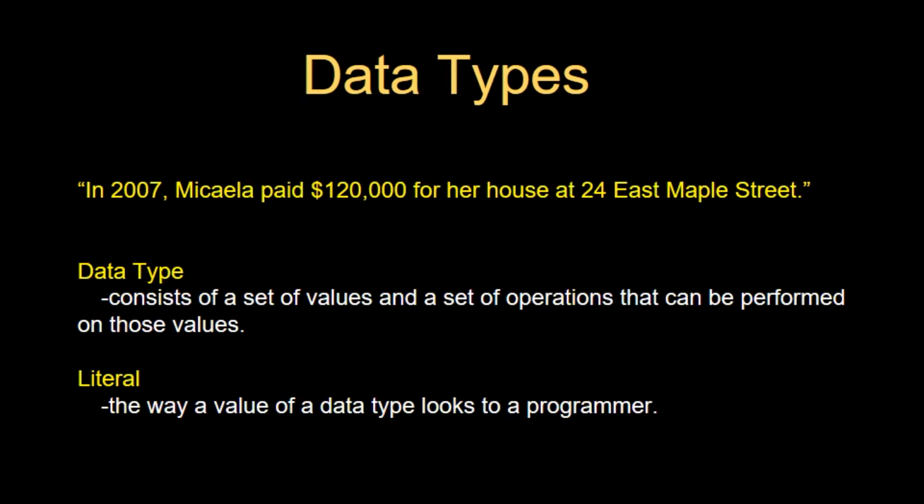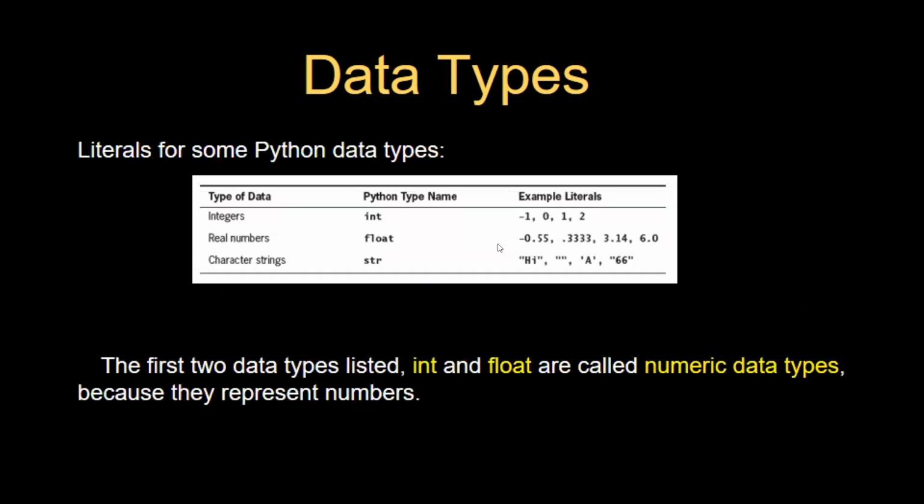So a literal is the way a value of a data type looks to a programmer. So ito yung literal na nakikita ng programmer. Okay. So we have literals for some Python data types. Okay. So we have the type of data, so that is integers.